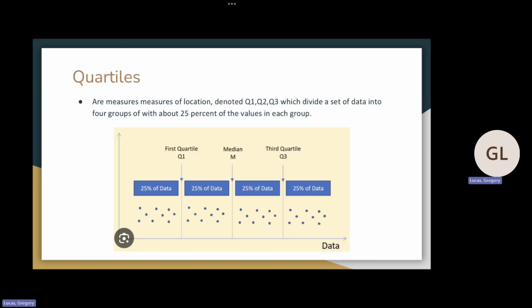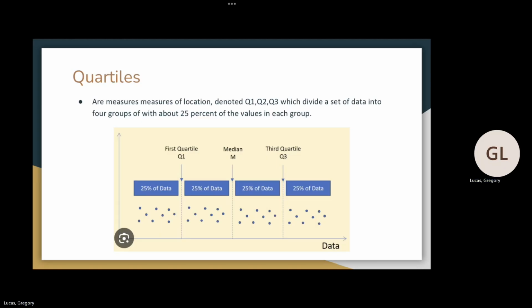So the first quartile is anything from 0 to 25% of the data. The second quartile, since it's in the middle, is also known as the median. So we normally don't say second quartile, we just say median. It would be 50% of the data, whatever that location is. So the point in the middle. And the third quartile would be the 75th percentile, whatever that value is in the list.